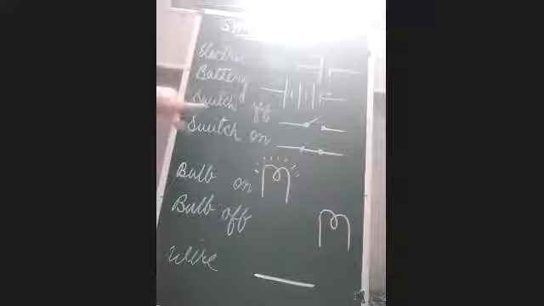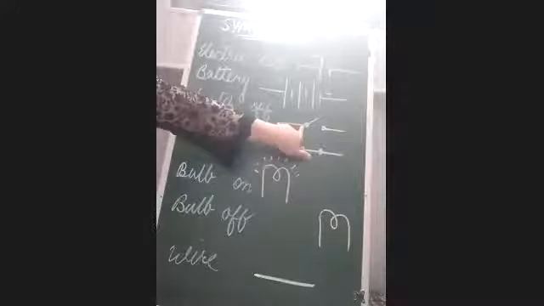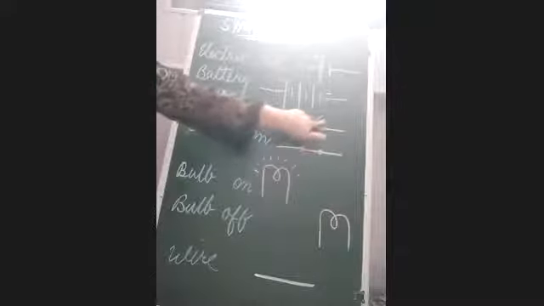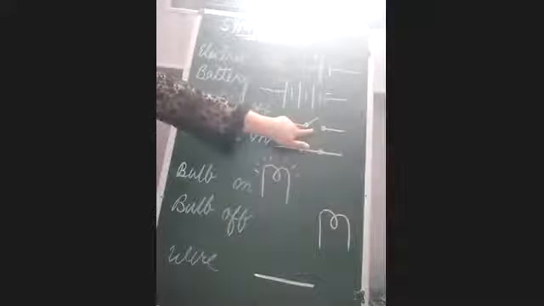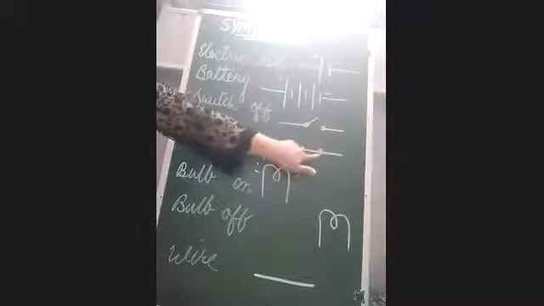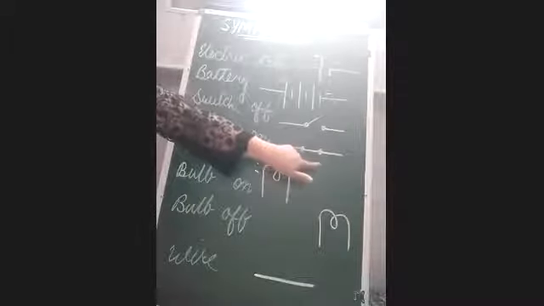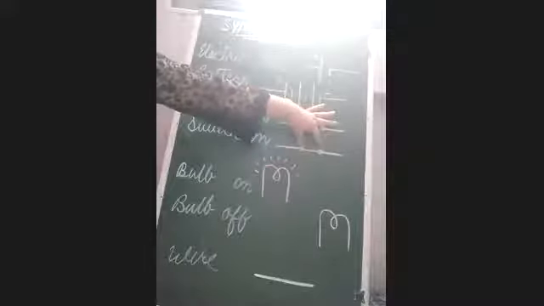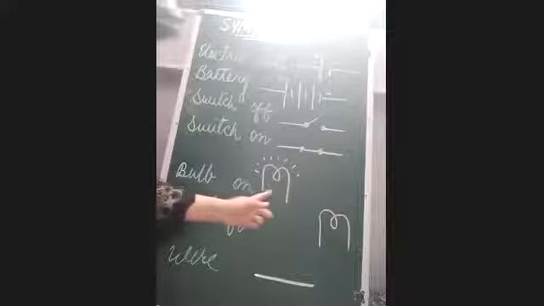Very good, Aryan. Here, switch off. This is your wire. This is also a wire. And here, if it's disconnected, your switch is off. Here, if it's connected, your switch is on. These two dots refer to the connection of the switch. Okay? Next is your bulb.